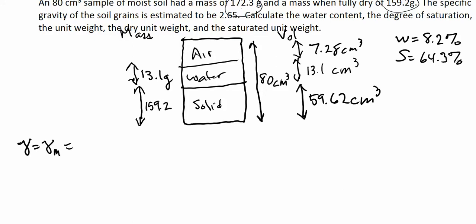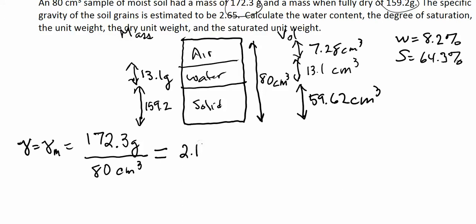So we found that we had 172.3 grams of material in 80 cubic centimeters of soil, and that's equal to 2.154 grams per cubic centimeter.